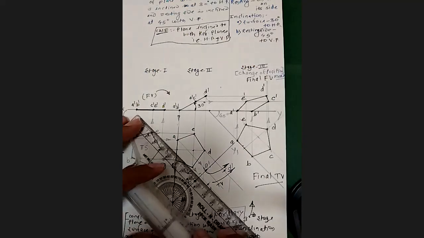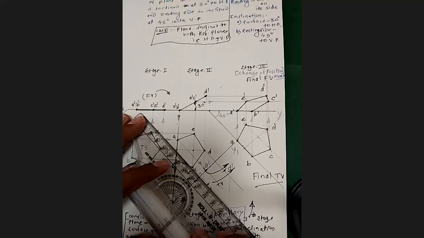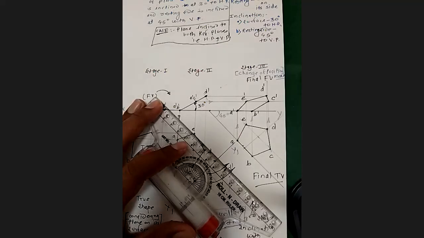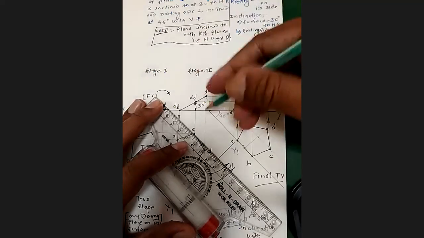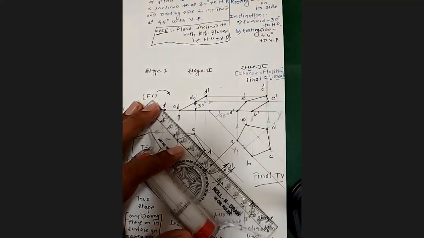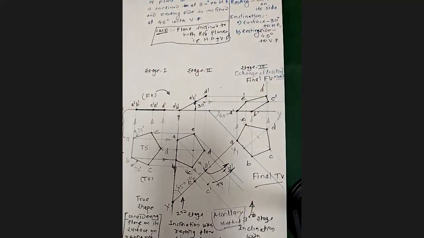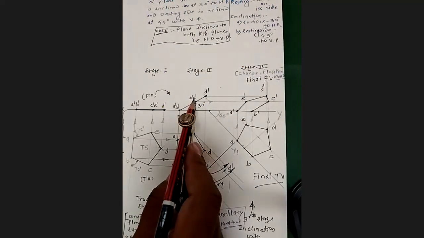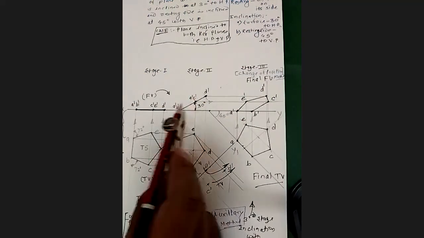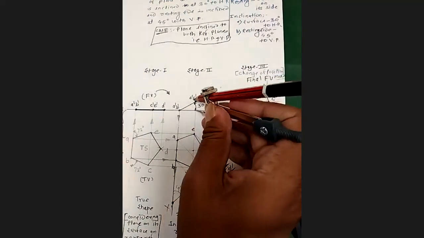You continue the same procedure for E, taking projections through E. Then again, you have to see how much is the distance of E dash from the XY line here. So this is the distance.